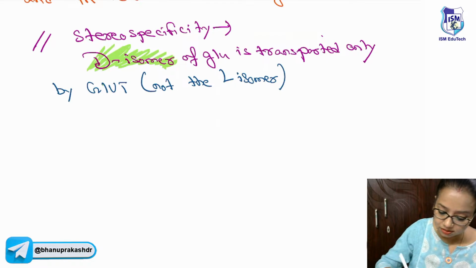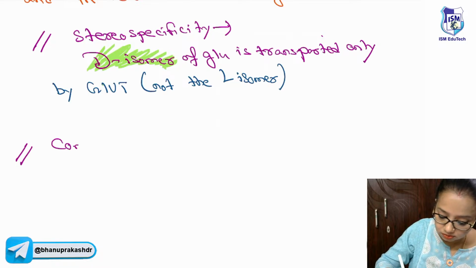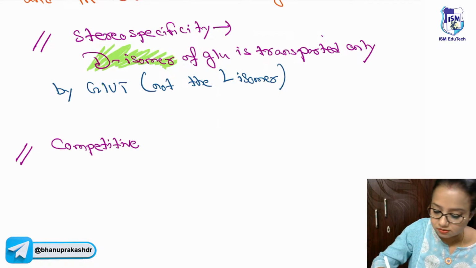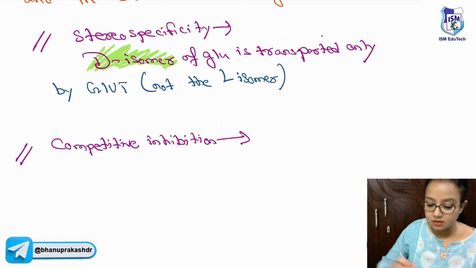The third limiting factor is the competitive inhibition. What is that?